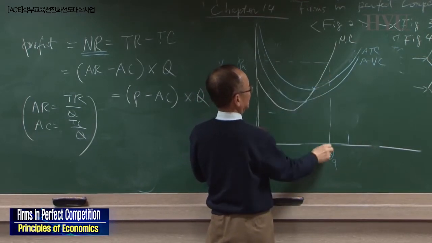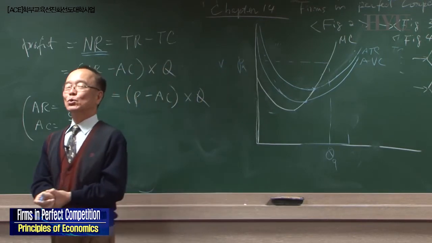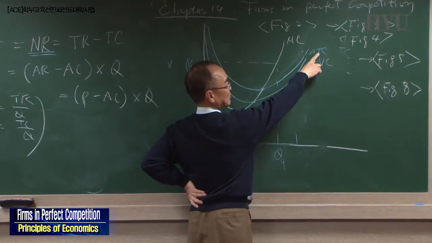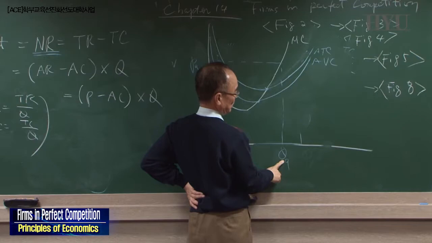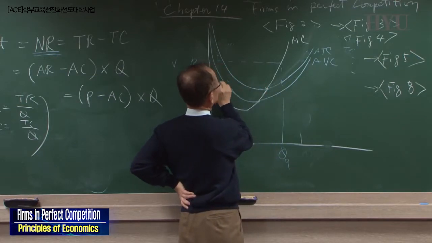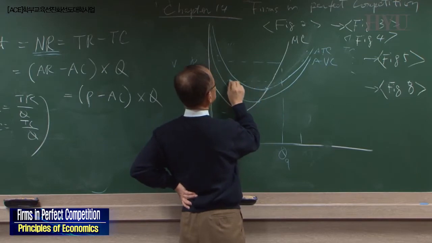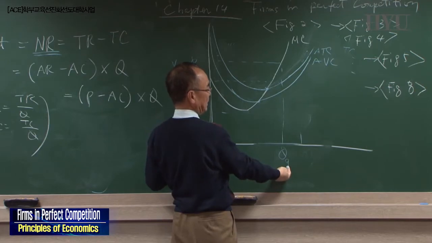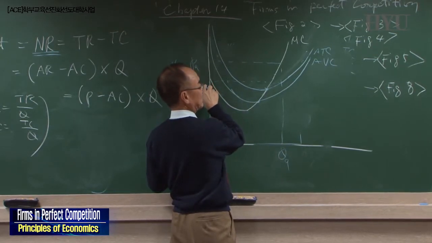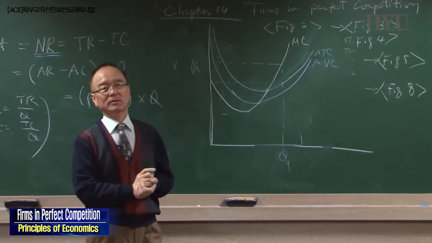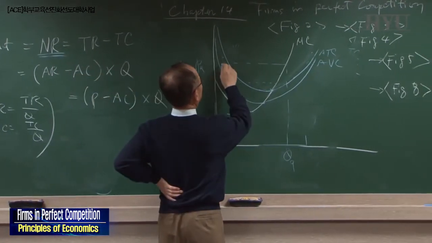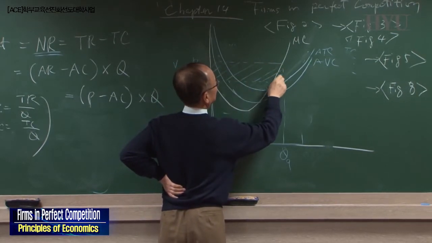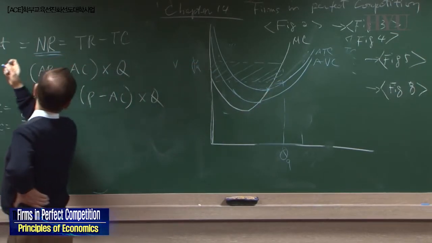Then this rectangle stands for total revenue. Then remember, what is this curve? ATC, right? Here, QA, quantity, and the area below this one, this rectangle, QA times average cost, stands for total cost. Then you can easily understand that this is net revenue or profit.